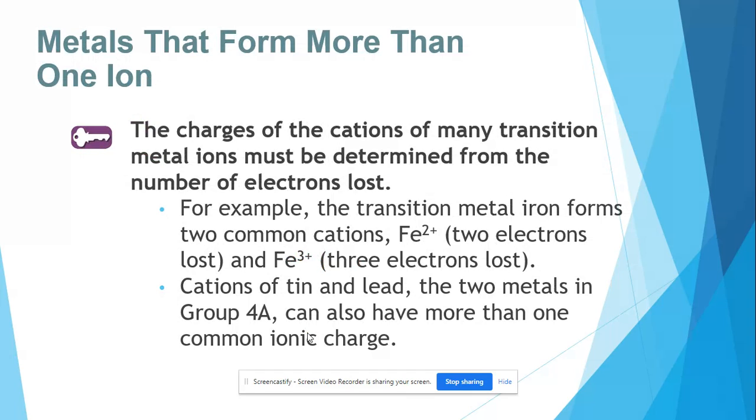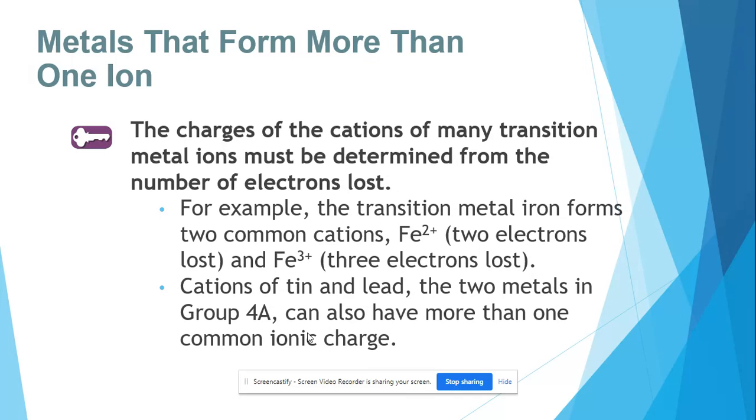So what if we have a metal that forms more than one ion? Well, the charges of cations of a lot of transition metals must be determined from the number of electrons lost. For example, iron doesn't have just one set amount of electrons it can lose. It has different charges.